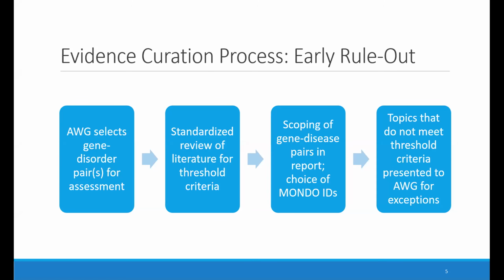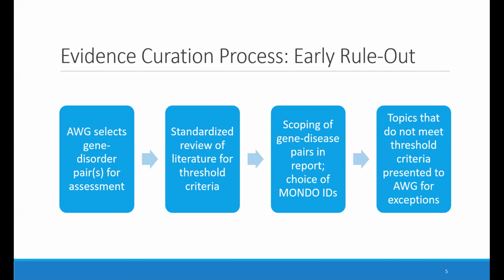We also have community curators, outside of our expert curation team that does the full evidence review, who do this early rule out step for us. It's really great to have them on board. And if that's something you're interested in, I can connect you with folks who could help you join that curation process.